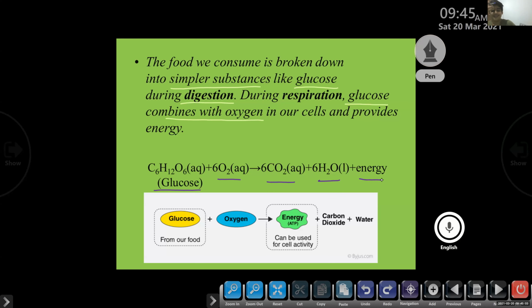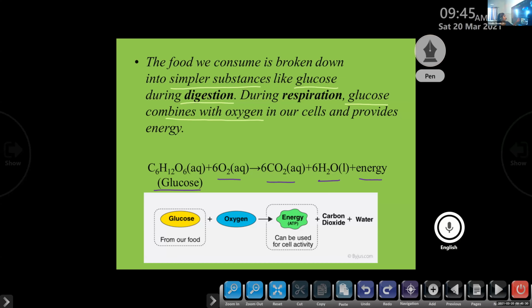C6H12O6 plus 6O2 gives 6CO2 plus 6H2O and energy. So this glucose and oxygen combine together to form energy, carbon dioxide, and water. Here also energy is produced. That's why this reaction is an example for exothermic reaction.